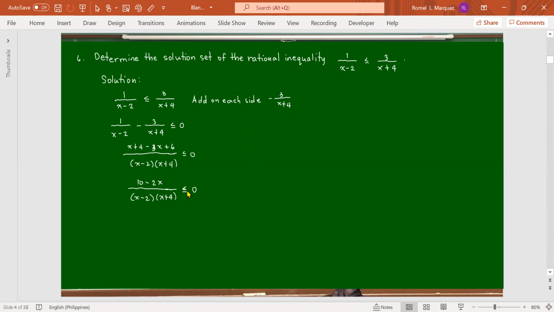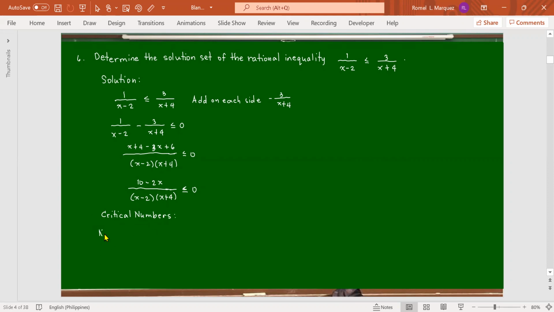So this is now in the standard form, meaning left side less than or equal to 0. Let's get the critical numbers. Critical numbers are the zeros of the numerator and denominator.